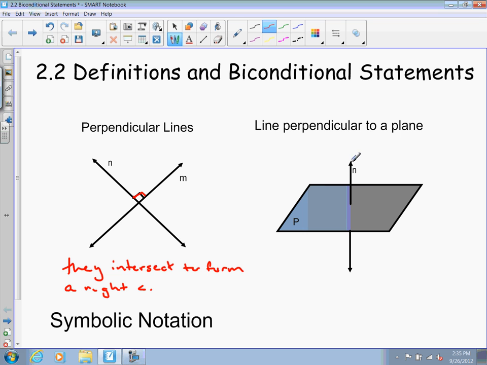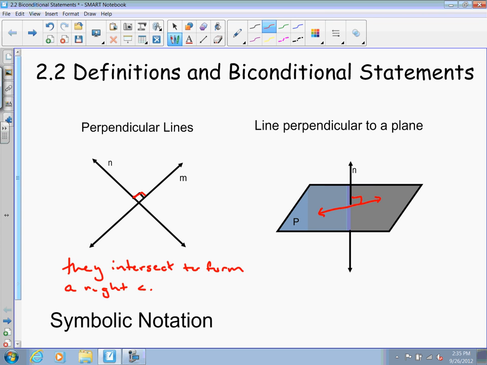We can also have a line that's perpendicular to a plane, so this line is going to be perpendicular to that plane, and a line is perpendicular to a plane if this line is going to be perpendicular to every line in the plane. So if I draw a line in here, if this line is in the plane and this line is perpendicular to that line, then this line N is perpendicular to plane P.